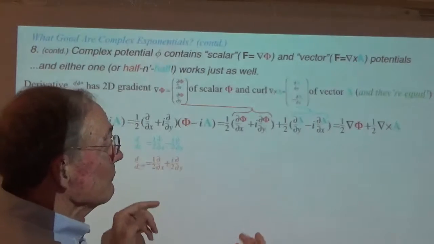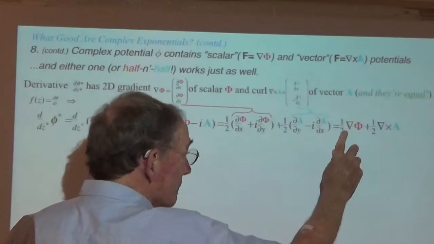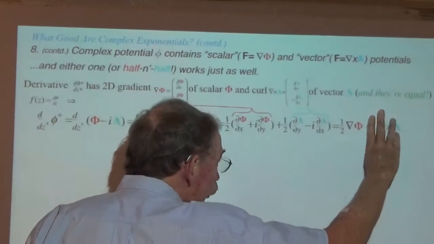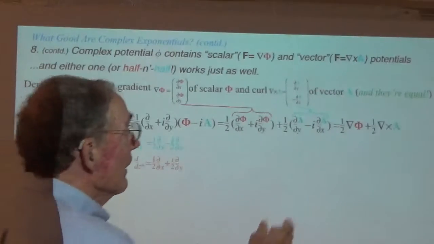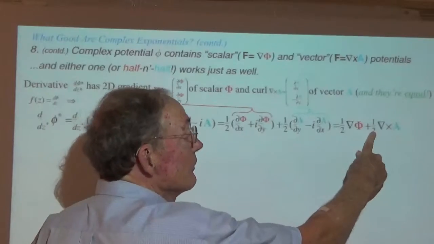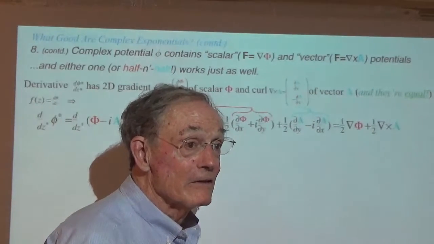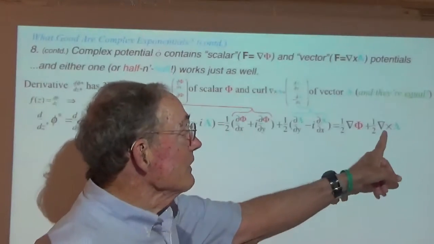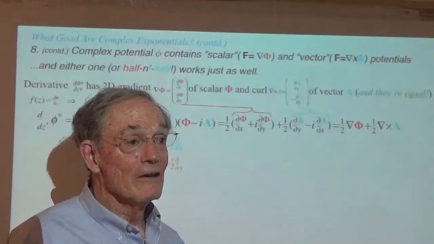That field can be written either as not 50%, but 100% of this, and just forget about that. Or it can be written 0 of this and 100% of this. That's why we have the half and half. You can go either way. You can be a hydrodynamicist and work with A. They're more familiar with A than probably they are with a scalar.